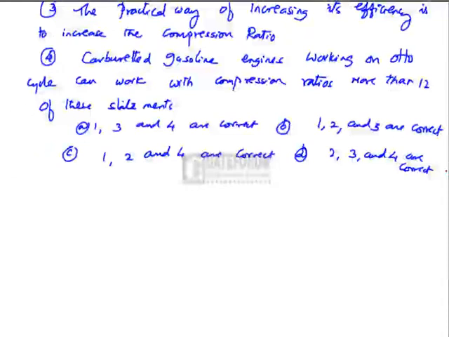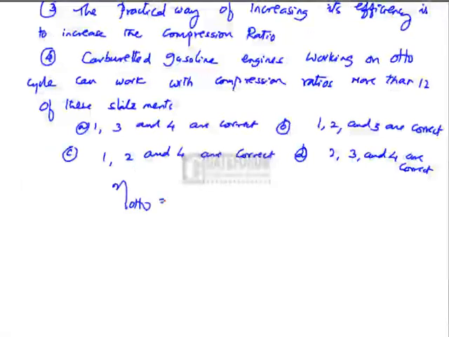The Otto cycle is a reversible cycle, because in the ideal Otto cycle we do not assume any frictional losses. Now coming to the next step, number 1 is correct. Coming to the second statement, its efficiency can be improved by using a working fluid of higher value of ratio of specific heats.